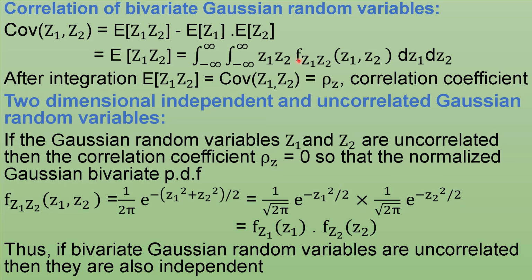If we substitute that expression in this double integral and integrate, you get this as equal to rho Z. So if Z1 and Z2 are bivariate Gaussian random variables, then the covariance of Z1 Z2 is the same as expectation of Z1 into Z2, which will be equal to the correlation coefficient rho Z.